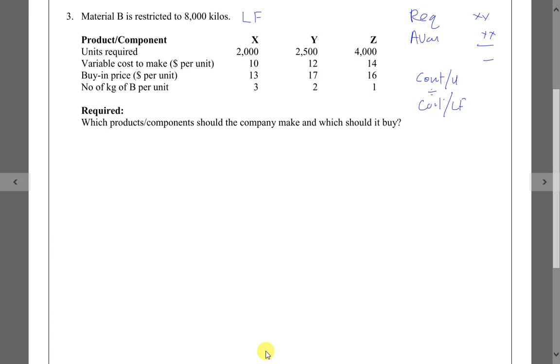Can we prove it? Yes, just like required, available. How many kg were required? Units required is 2,000 units. Material B will be 3 kg per unit. So how many kg will be required? 6. 3 times 2.